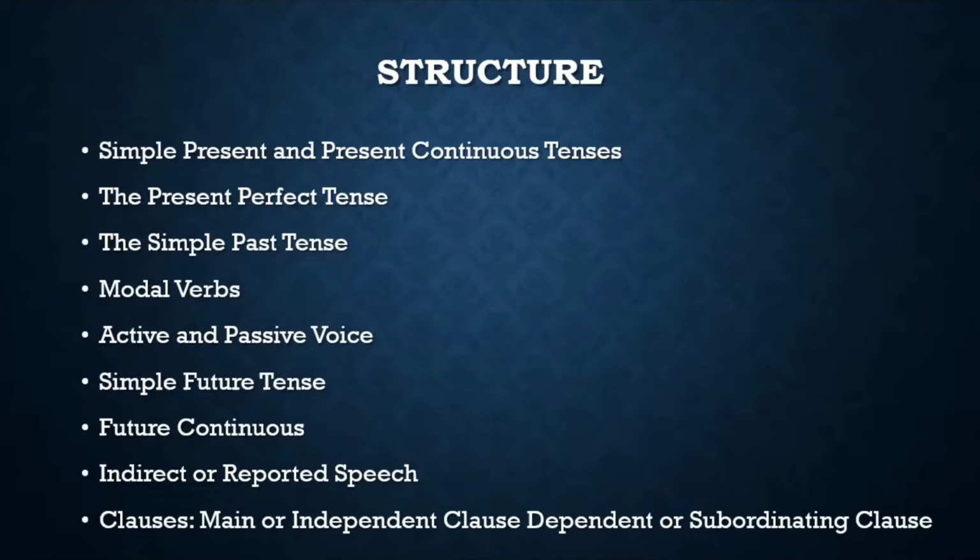First, I'll be explaining the concept through different examples. Then we'll be looking at one or two exercises given in your book so that you are also connected to your book. Now going towards simple present and present continuous tense.